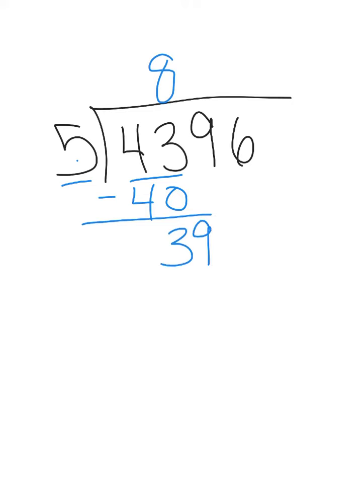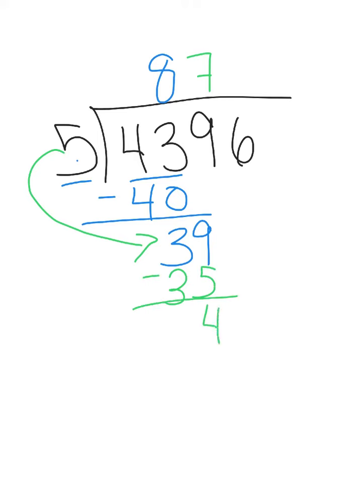Now we're going to see how many times does 5 go into 39. Well, I know 5 times 6 is 30, and 5 times 7 is 35. So it can go into it 7 times. 5 times 7 is 35. We're going to subtract and bring down our last digit, which is a 6.